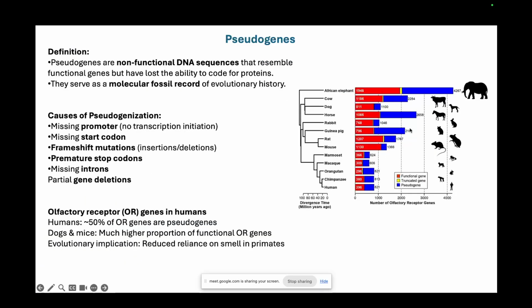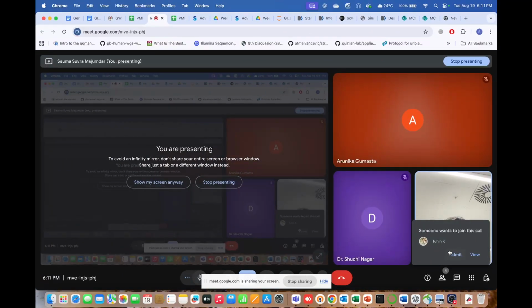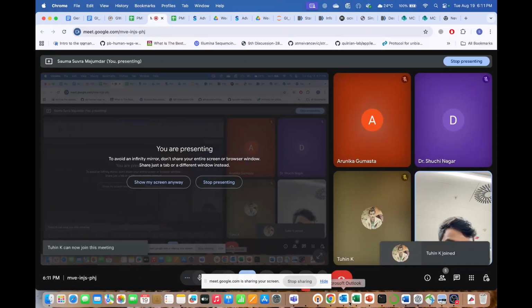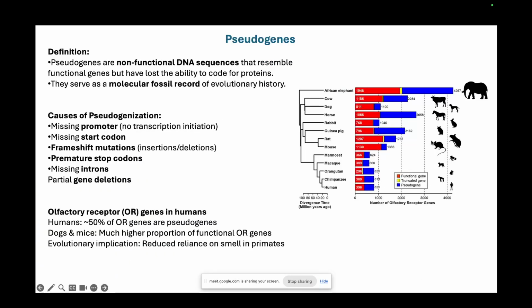But again, millions of years ago, when humans were not technically humans, they possessed these genes and they possessed these receptors, which were used at that time for living. But again, we have come such a long way after evolution that we do not need these genes anymore.